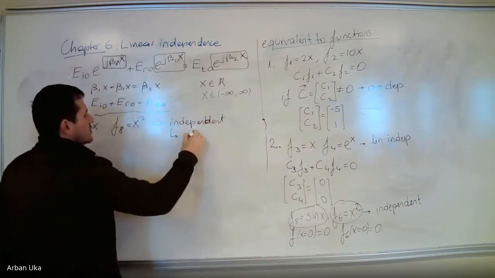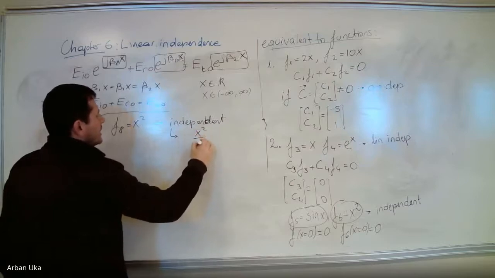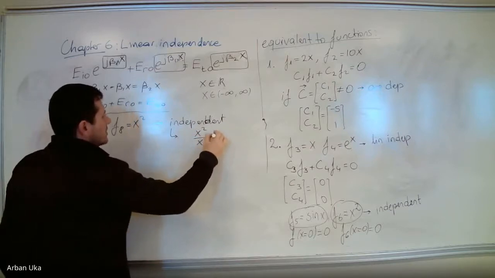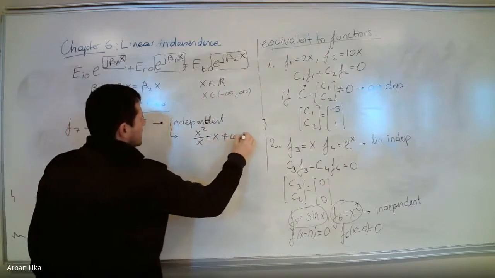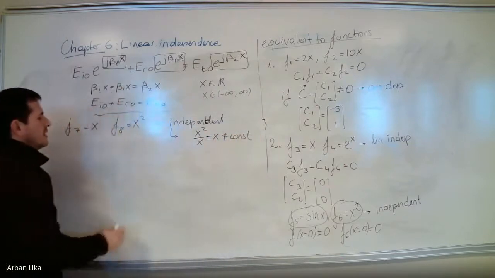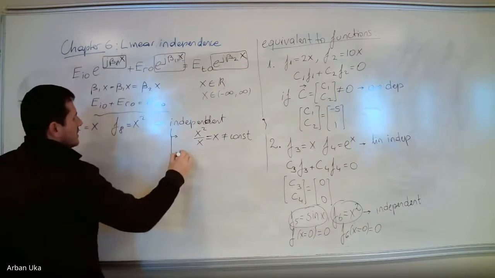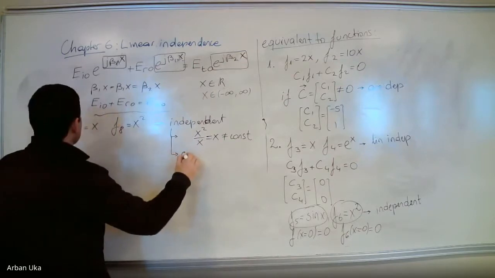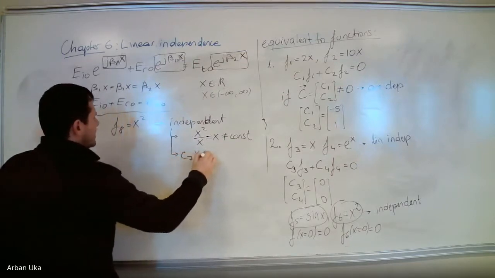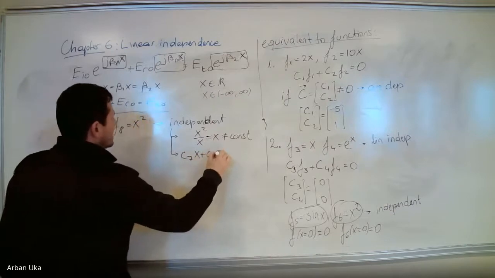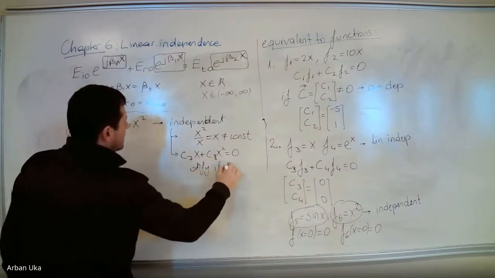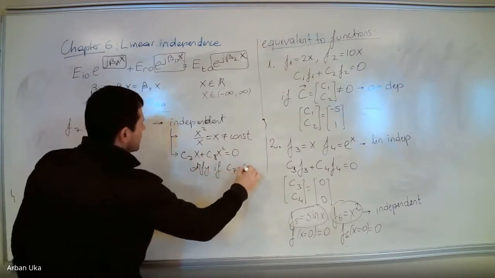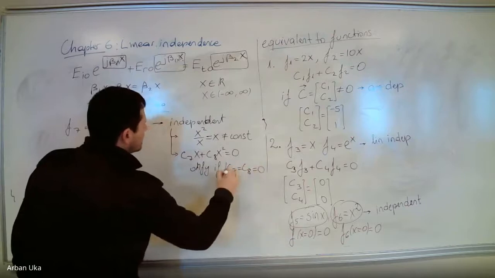First, because x squared divided by x is not a constant. This is equal to x, which is not a constant, because x changes a lot. And also, we know that the equation c7 x plus c8 x squared equals 0 only if c7 is equal to c8 is equal to 0.